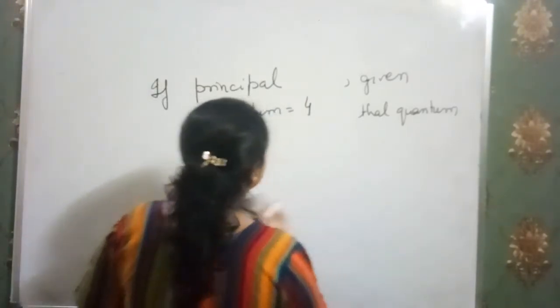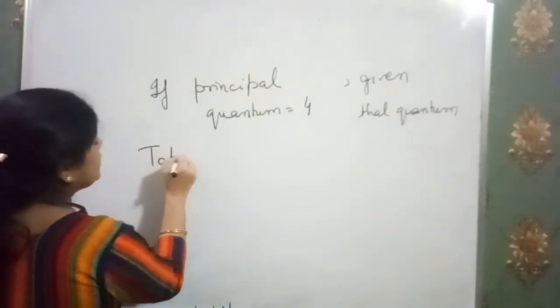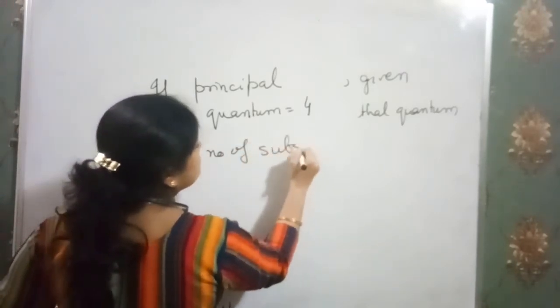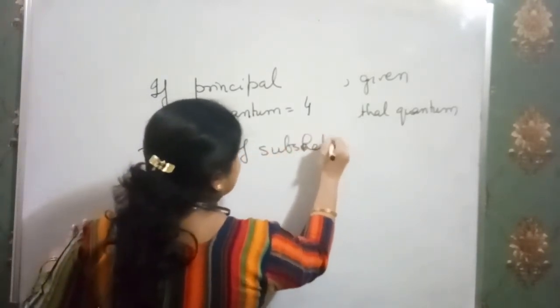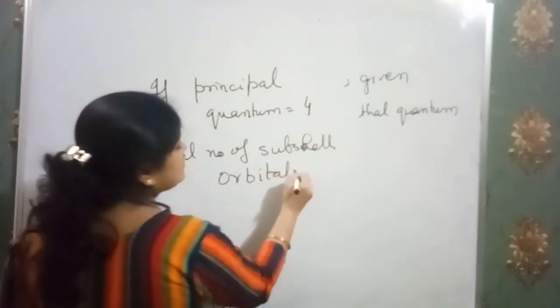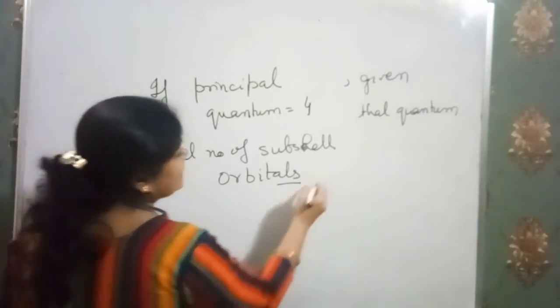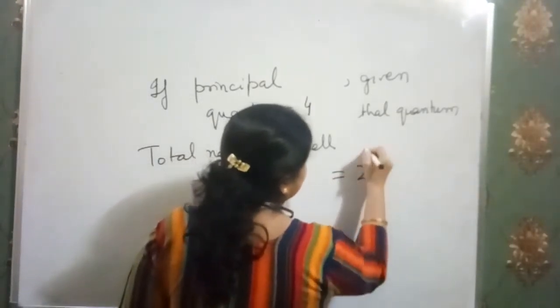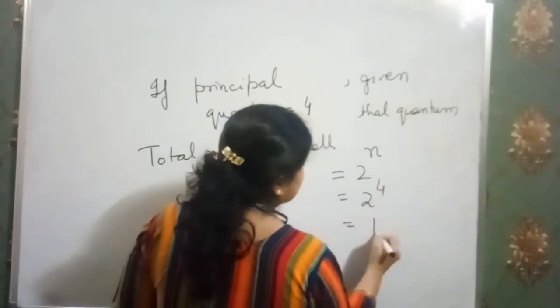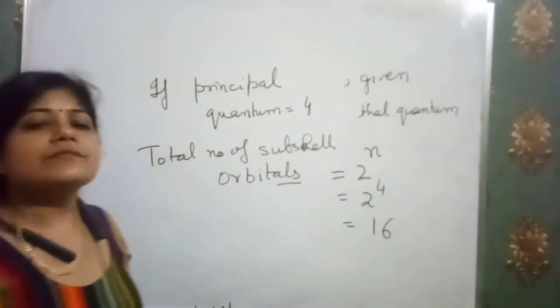Then find the total number of subshells. Or it can be asked, find the total number of orbitals. Then in that case, you just write n squared. That means 4 squared. That means we have 16.